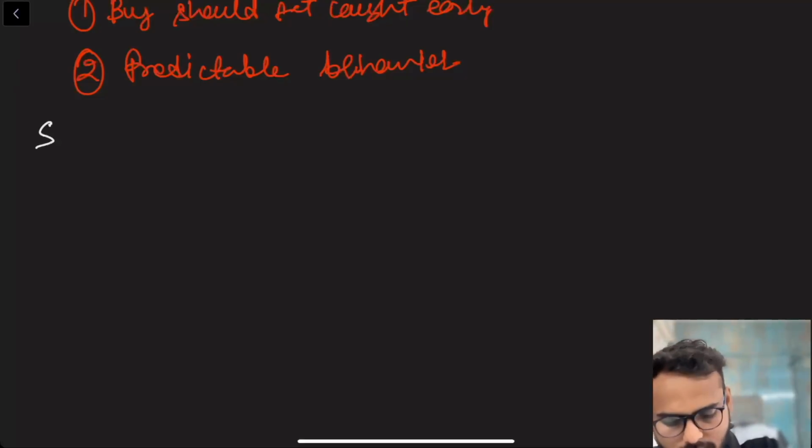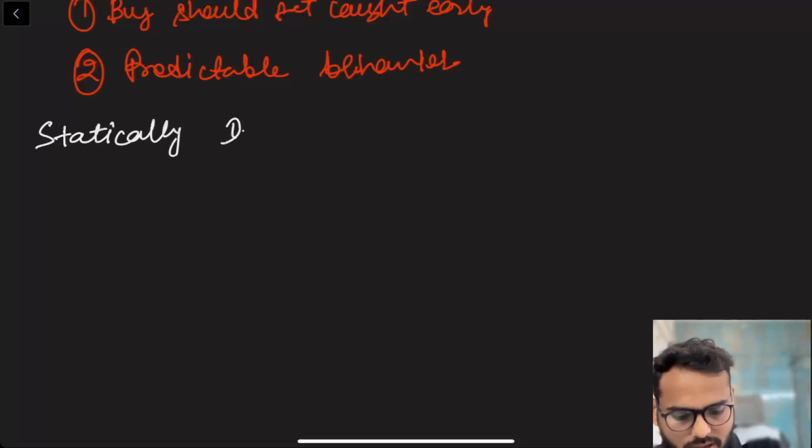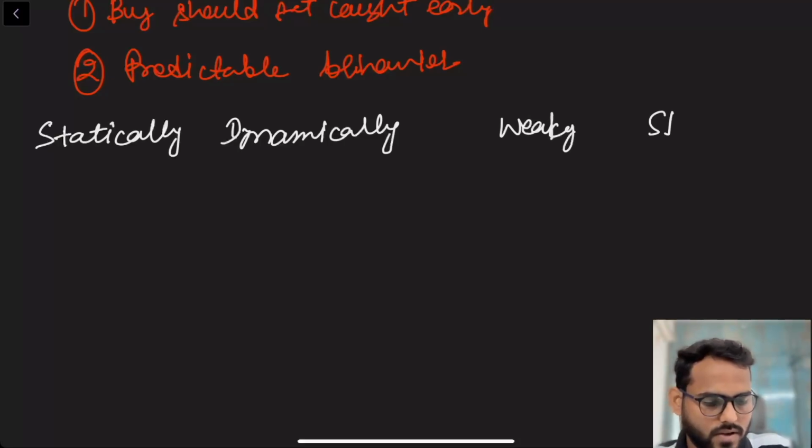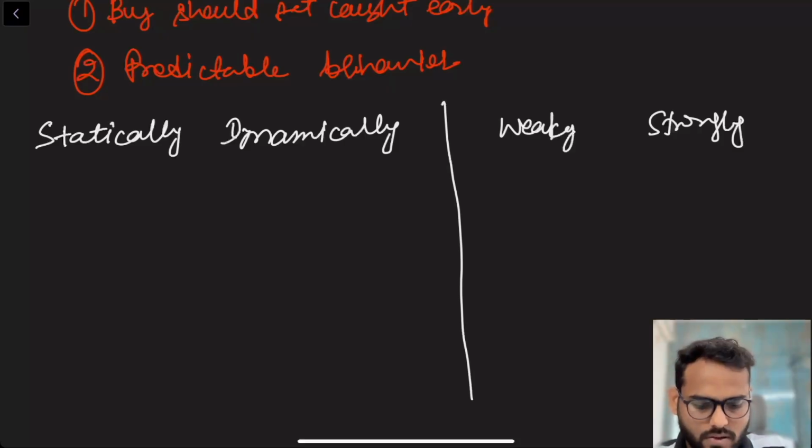We can either make that language statically typed or dynamically typed, or we can make that language weakly typed or strongly typed. So what will you choose out of statically typed and dynamically typed, and weakly typed and strongly typed?